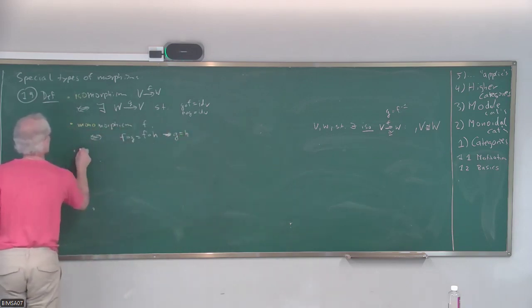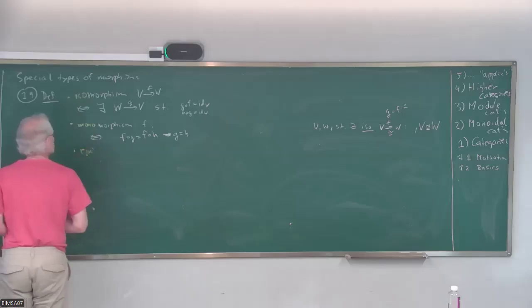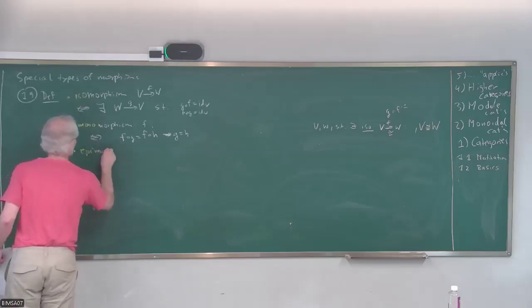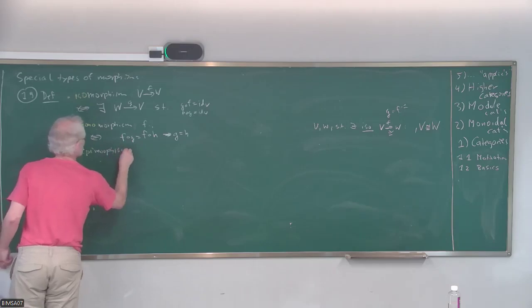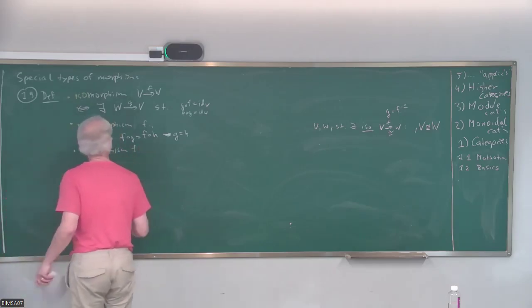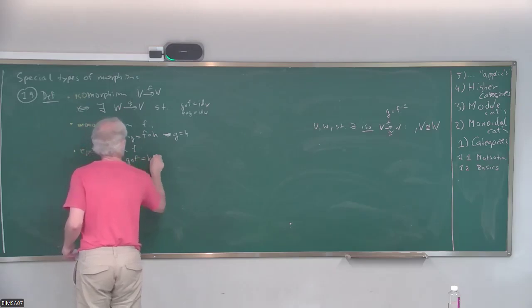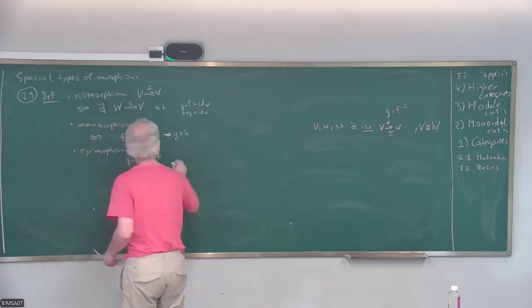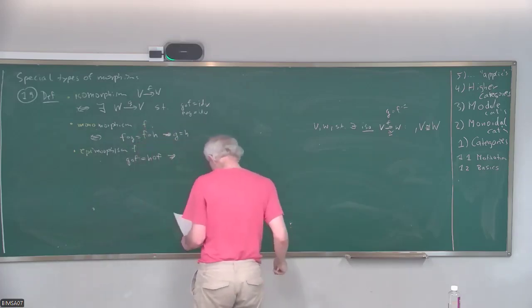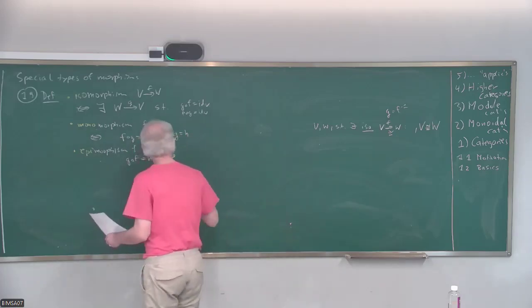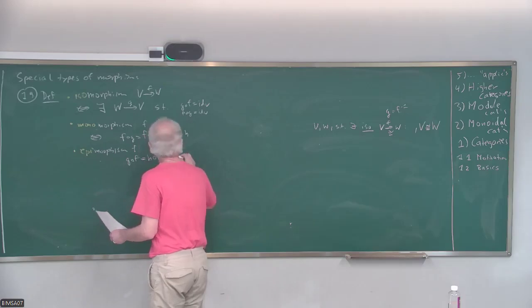And if I do this in the other direction, I get an epimorphism F. So if I have G after F equals H after F, then G equals H.